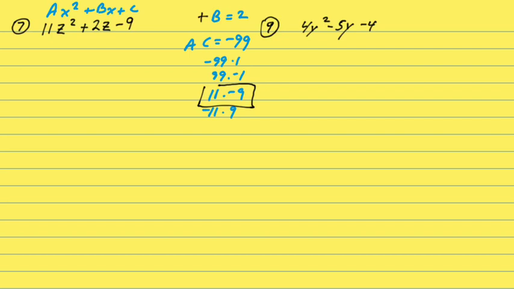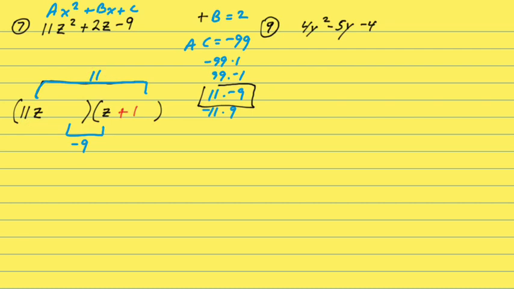To get 11z squared, you'd have 11z times z, giving me 11z squared. Connect your outsides, connect your insides. The 11 goes into the 11, so I put the 11 with the 11. 11 times what is 11?